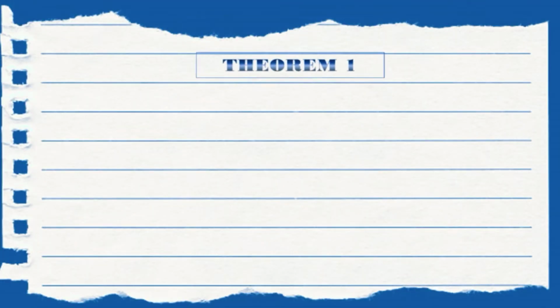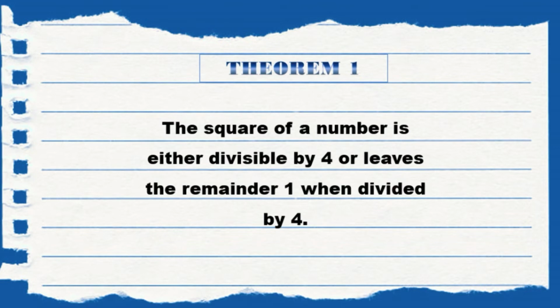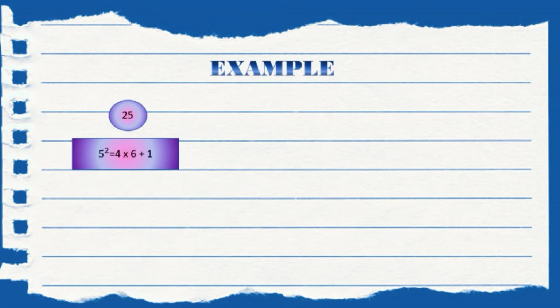Theorem number 1. The square of a number is either divisible by 4 or leaves the remainder 1 when divided by 4. So using the form a = qb + r, you will justify that theorem. For example, we have 25. In the form a = qb + r, a, q, and r are already given.